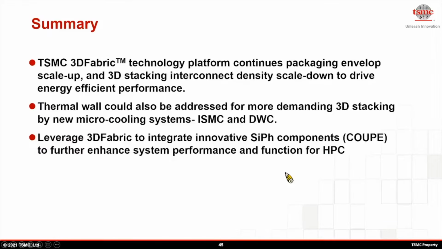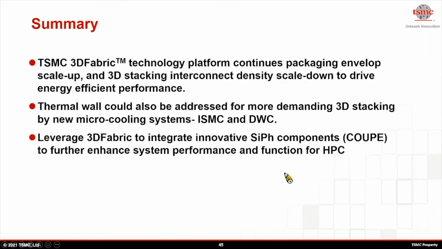Here is the summary. TSMC 3D Fabric technology platform continues to drive the packaging envelope scale up and 3D interconnect density scale down to drive energy efficient performance.